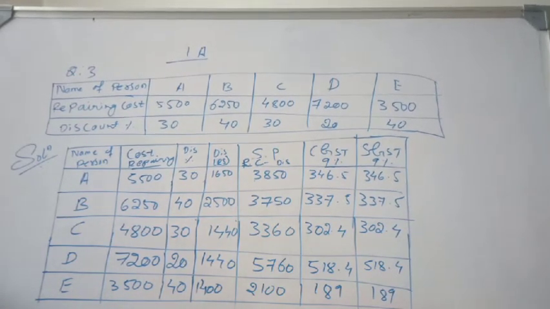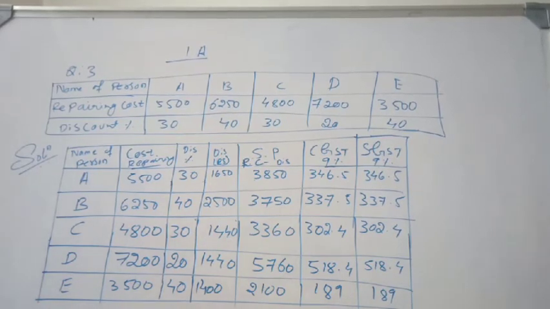Now they said to calculate the total amount a computer mechanic received including GST and after discount. So first we have to total the selling price, and then add CGST and SGST, because including GST the mechanic receives the amount. So make columns of selling price total, CGST total and SGST total.